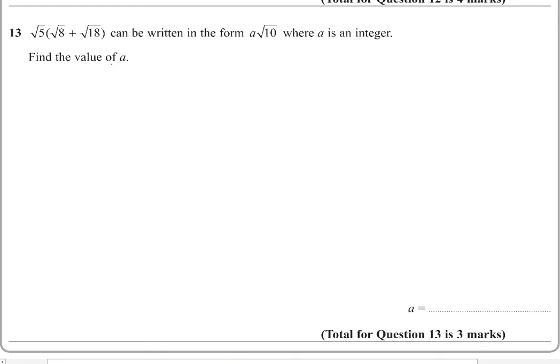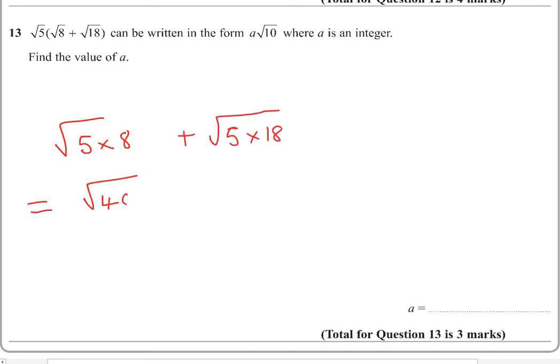Okay, question 13. This expression here can be written in the form a root 10, where a is an integer. Find a. So, a few ways you can go about this, but I'm just going to expand it straight away. So this expands to root 5 times 8 plus root 5 times 18. 5 8s are 40. Okay, and now we can simplify this to root 4 times root 10, root 9 times root 10.